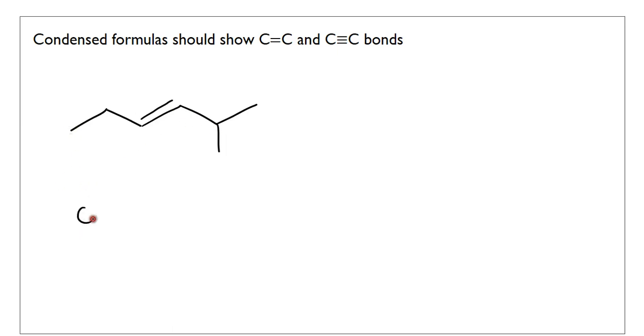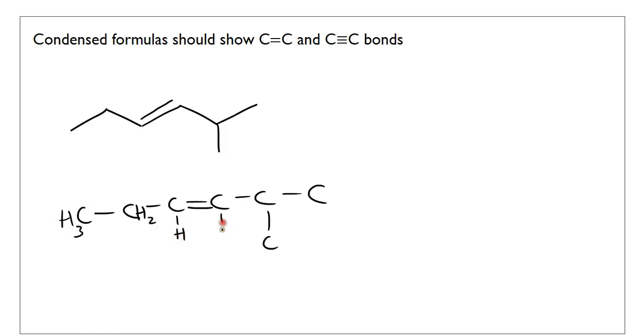So let's do that. 1, 2, 3, 4, 5, 6, and then this one here, 1, 2, 3. There is a double bond between 3 and 4 here, and then the rest is hydrogen. Now I'm just going to do it very quickly so I know exactly how many hydrogen atoms each carbon atom is bonded to. And then there's an H here, that's a CH3, and that's a CH3.